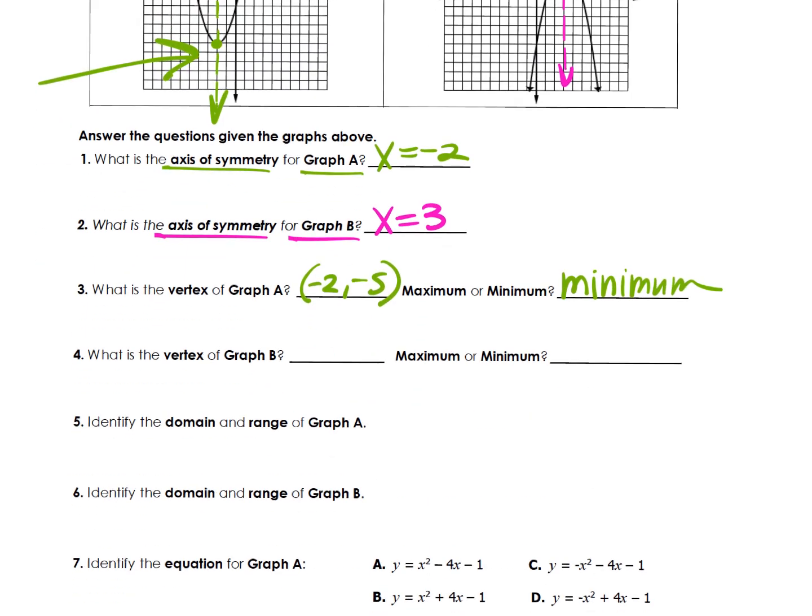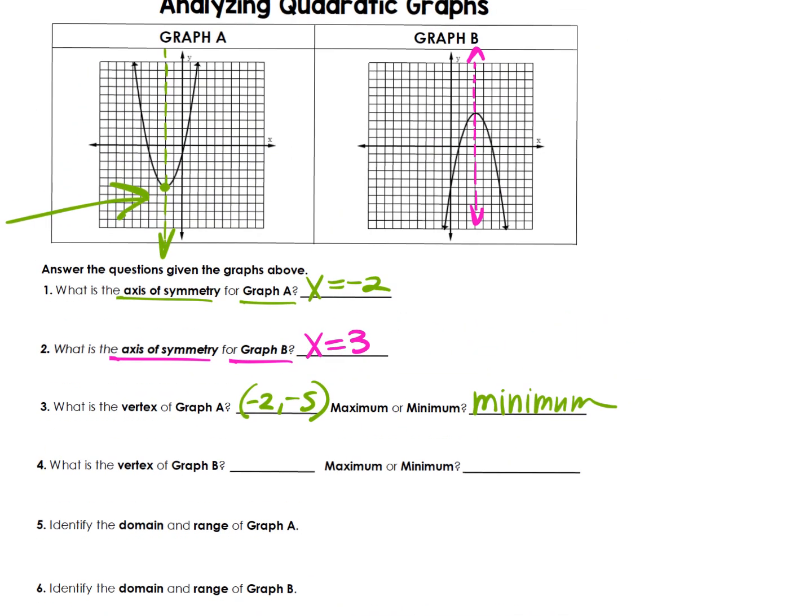What's the vertex of the second graph? 3, 4. Is that a maximum or a minimum? Maximum. That's the high point of the graph. This point is the lowest point on the graph, a minimum. This point is the highest point on the graph, a maximum.